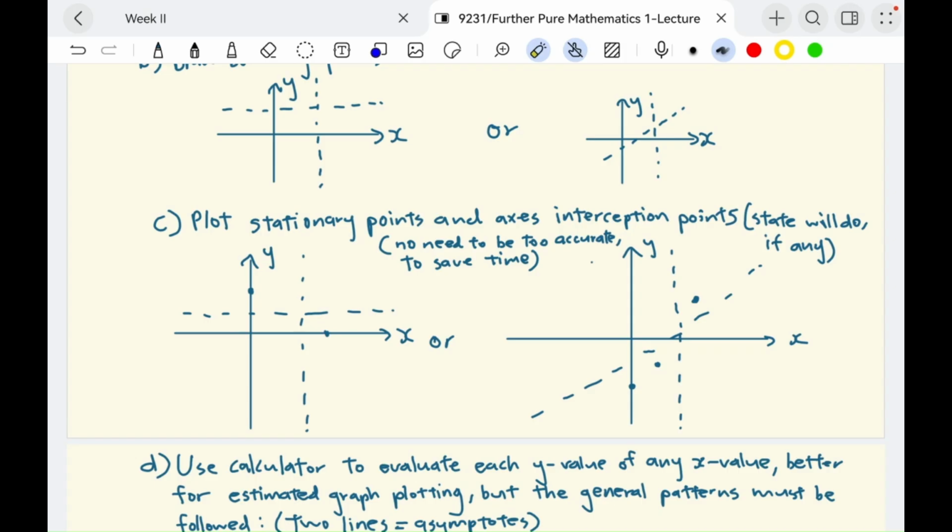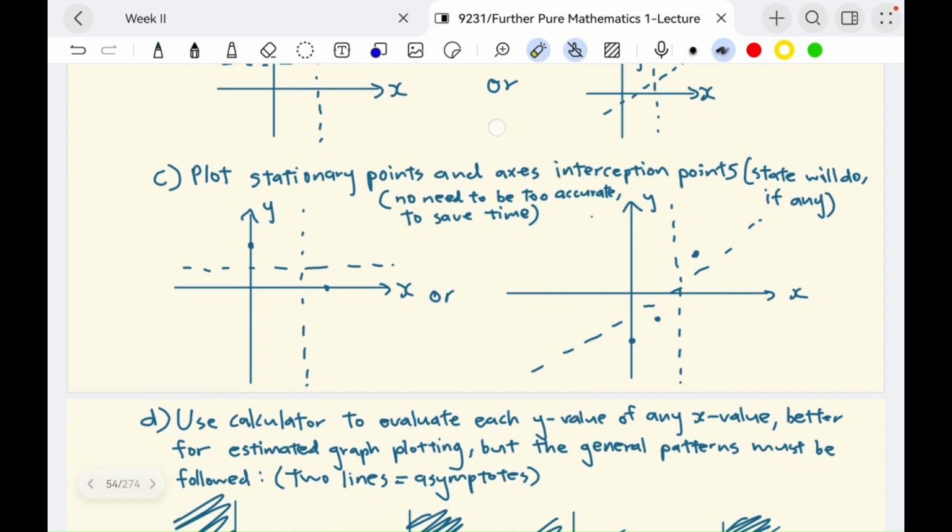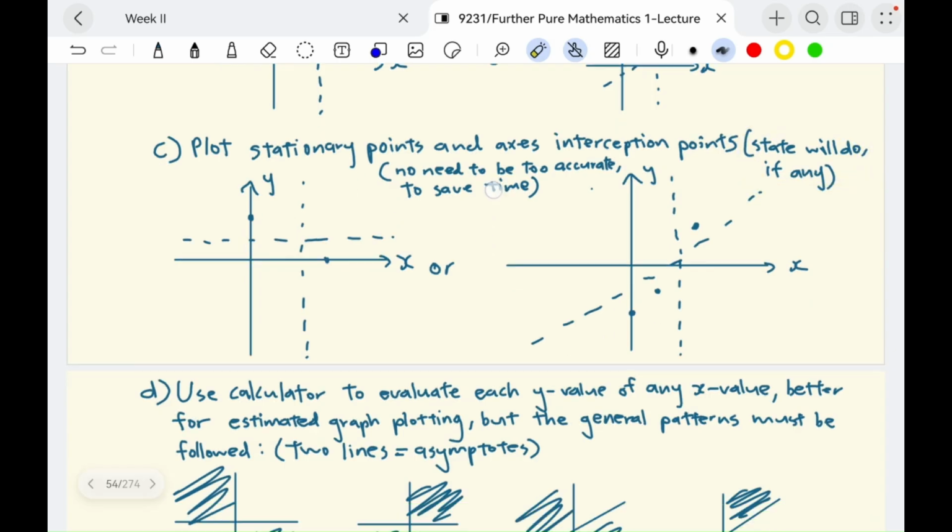Okay? For the points plotting, the points don't have to be accurate, to save time. So just stating the intersection points will do, if the question asks specifically. Okay?